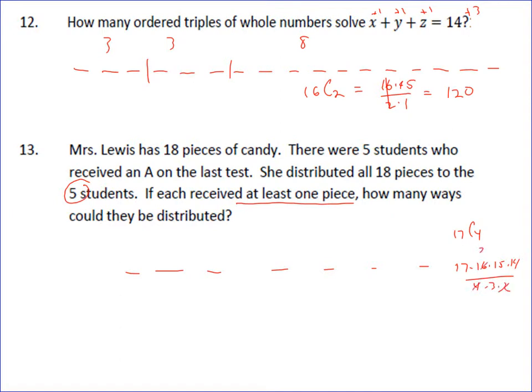So that's going to give you 2, and then you're going to have a 5 here. And so it's just 17 times 14. And when you do 17 times 14, you get 238. And then you've got 2 times 5 is 10. So there are 2,380 ways that we can distribute those candies to the 5 different students.